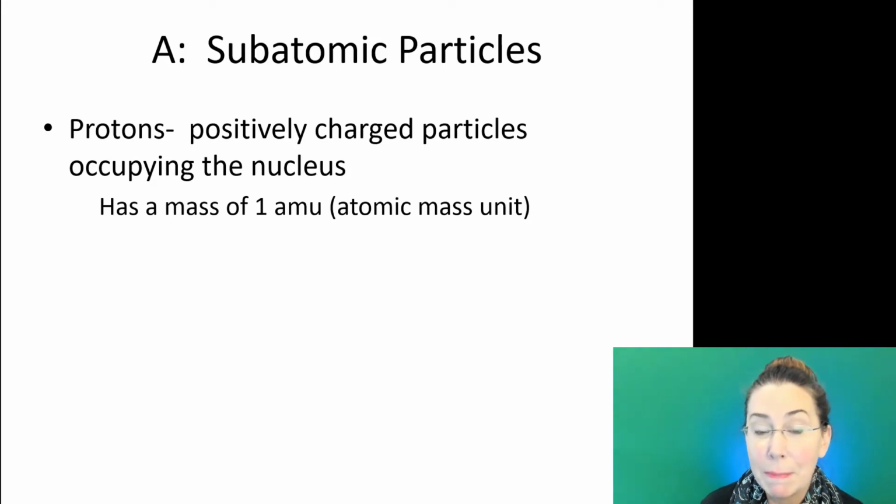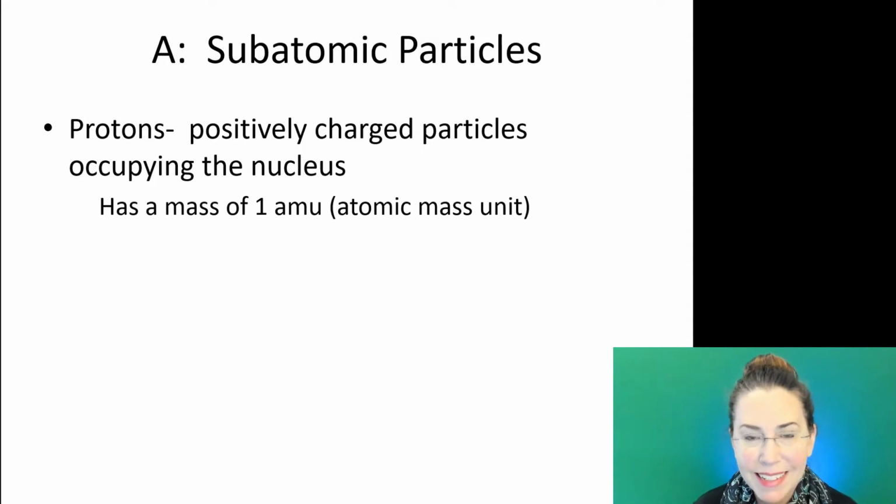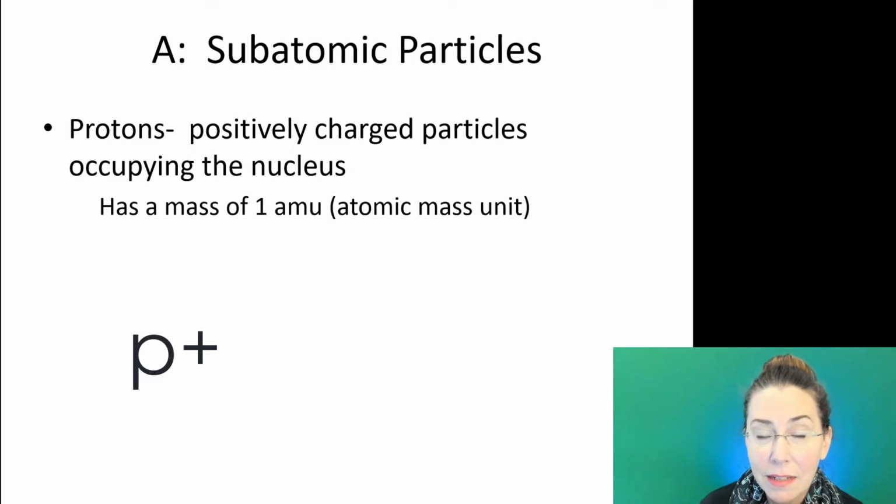Generally we say they have a mass of 1 AMU or atomic mass unit. The atomic mass unit is essentially a unit of mass designed to measure atoms. The symbol for a proton usually looks like a P with a superscript of a plus to the right. Or it can also be a P with a 1 and a 1 to the left.